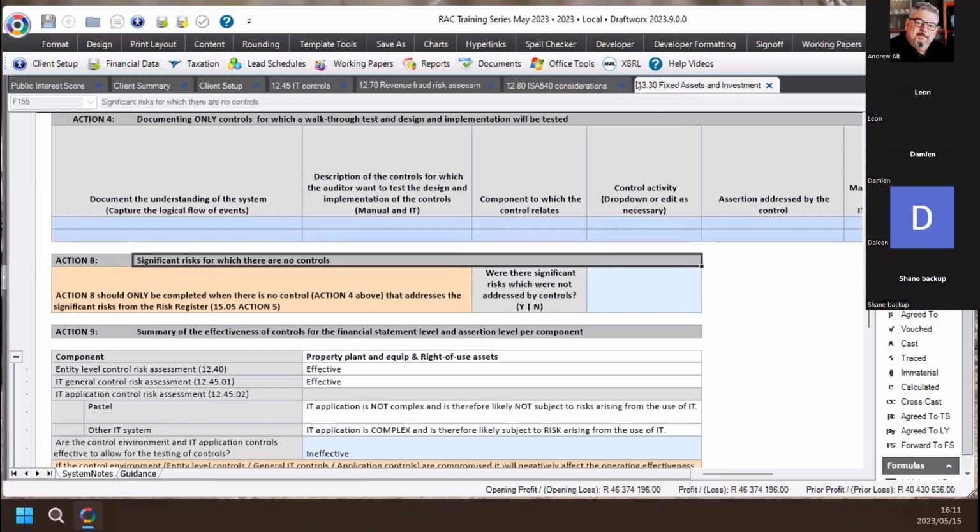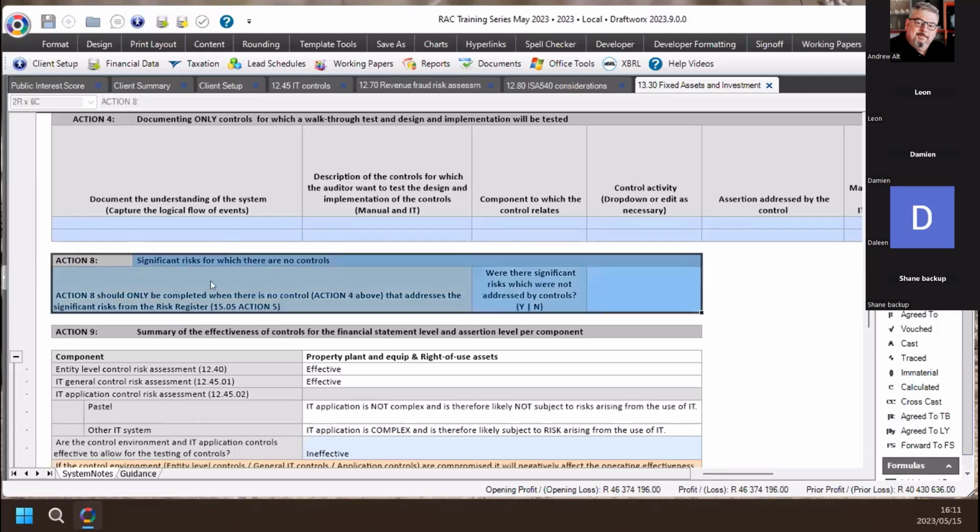And then you need to come back to section 13 later to document anything around that control. I'll go through the detail of that next week, but just to point out what this action 8 is doing. If I get to section 15 and I find a significant risk related to PPE and I don't have any controls documented, then I need to come back here.